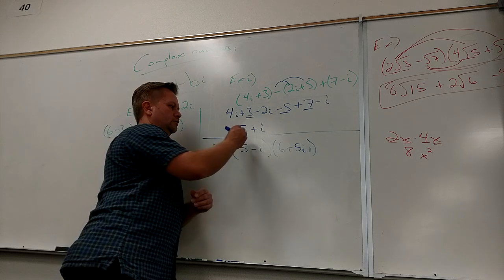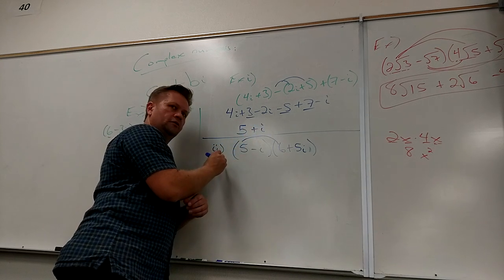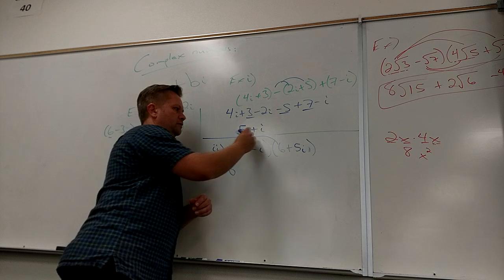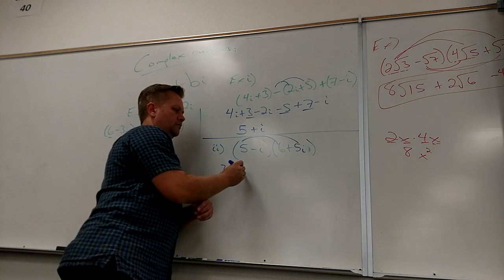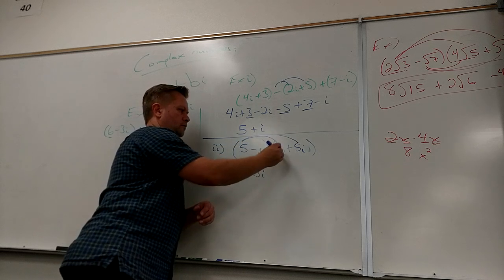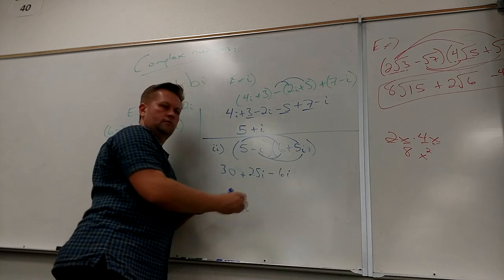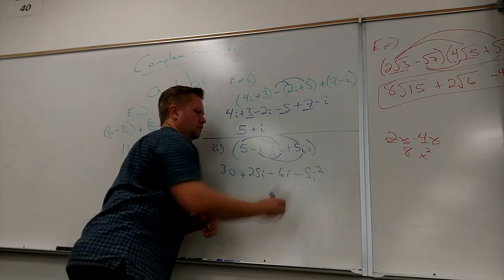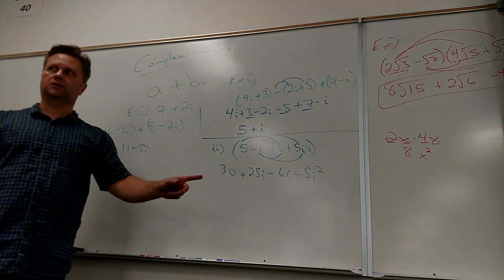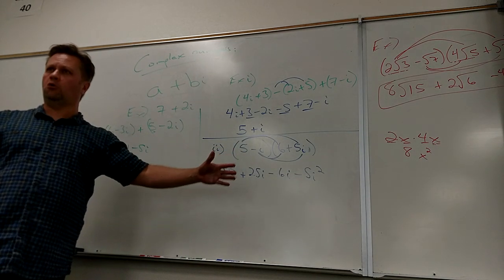All right. Now you get what here? 30. Good, because we're multiplying now. Good.